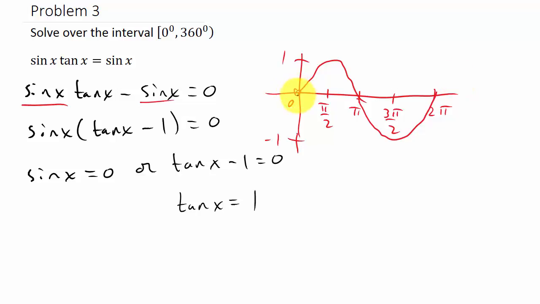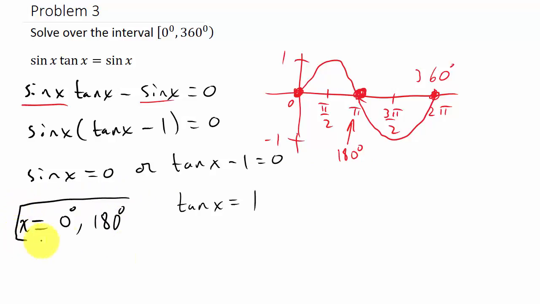We can see that sine is 0 at 0 and at pi, which is also 180 degrees because we're in degrees here. And then it's 0 again at 2 pi, which is 360. So our solution would be x equals 0 degrees and 180 degrees. And so this would be our solution for sine x equals 0.